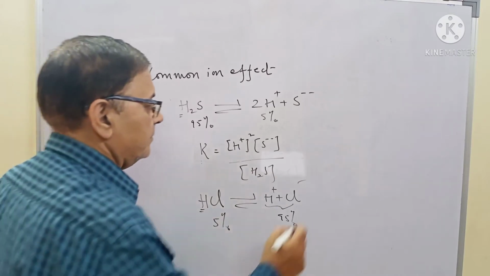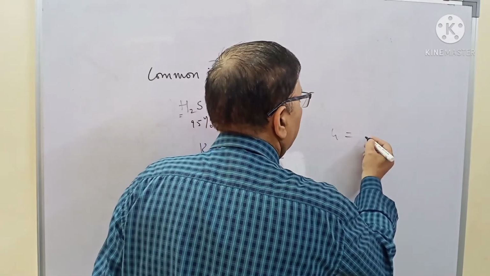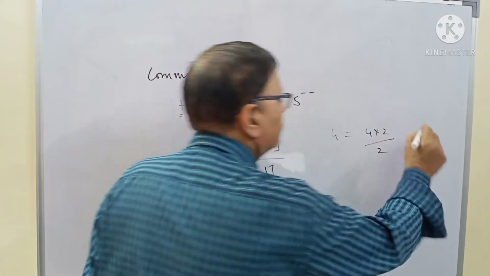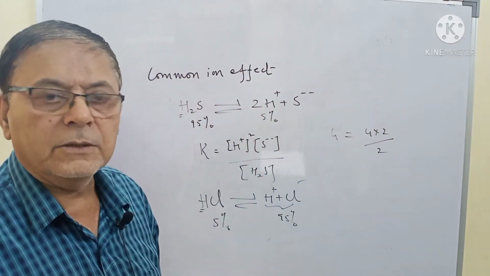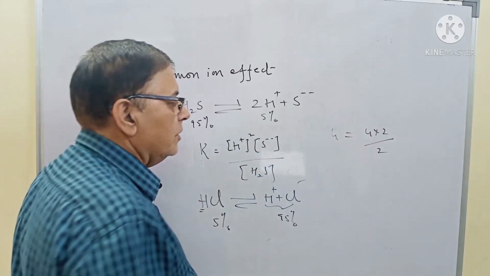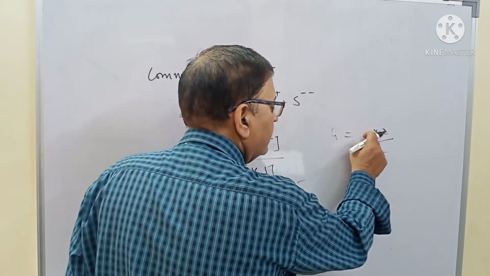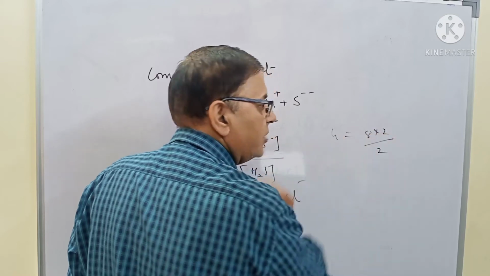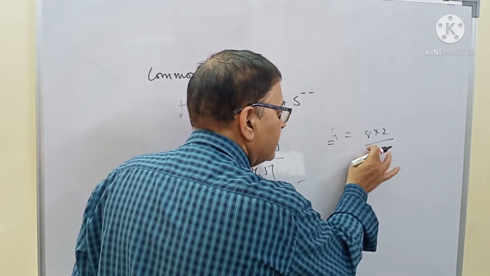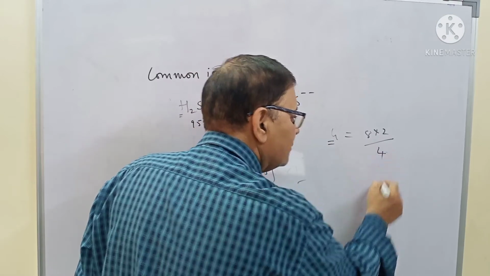For example, we have 4 equals 4 into 2 upon 2. Now if you increase this 4 to 8, this will change. So if we want to keep this as constant, we should increase this to 4.